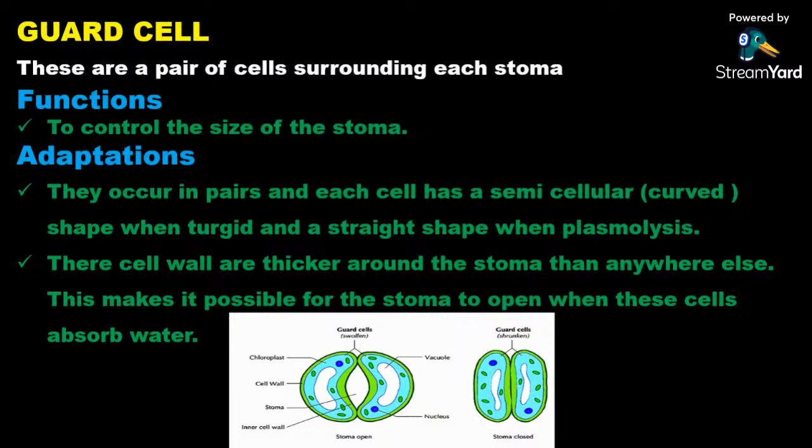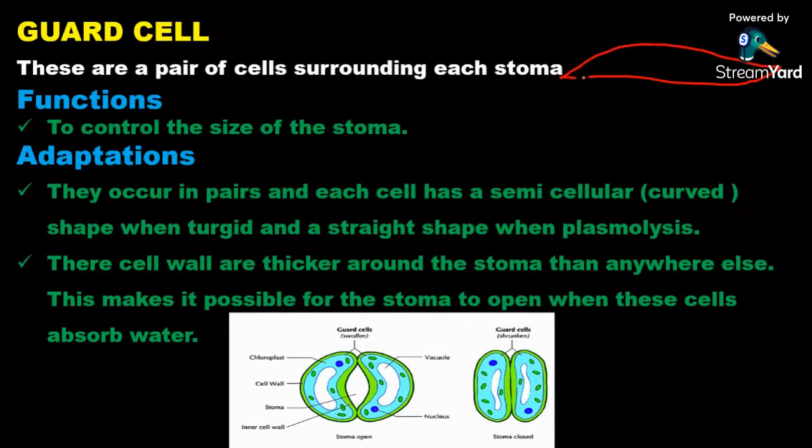The other cell that we can look at is called the guard cell, one of the specialized cells. For the guard cell, we are looking at a pair of cells surrounding the stoma. These are found normally in leaves, especially at the bottom part of the leaves.